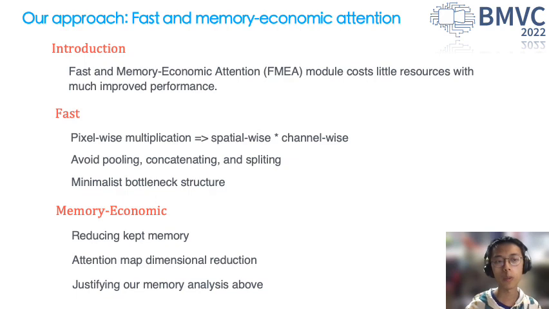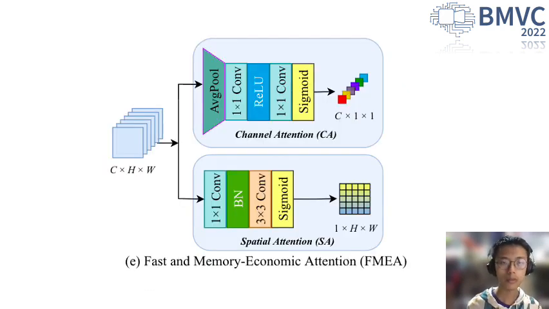And from the memory perspective, such an operation could largely reduce kept memory, and the attention map dimensional reduction supports our memory analysis above. Here is our architecture of FMEA.